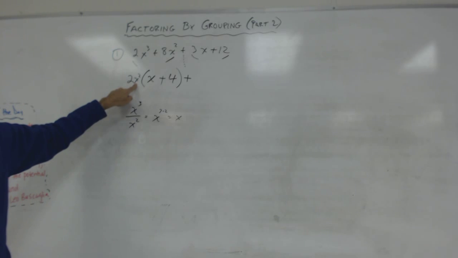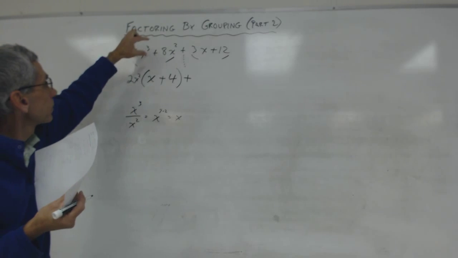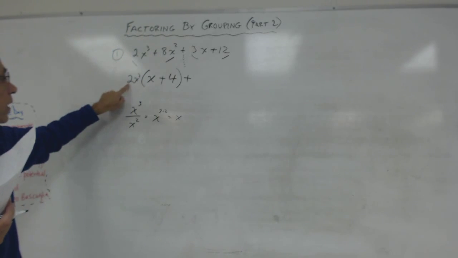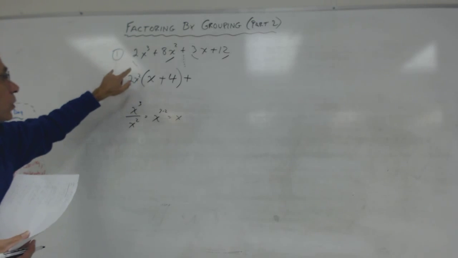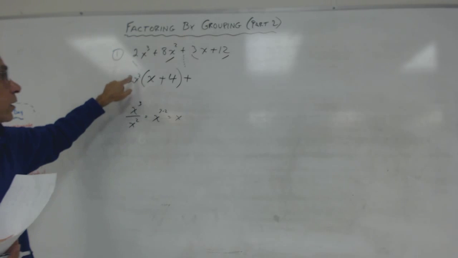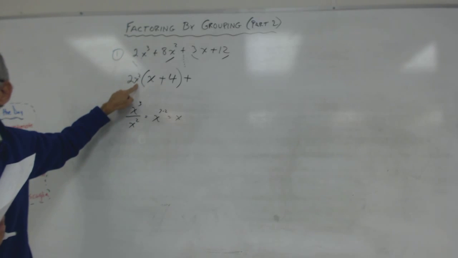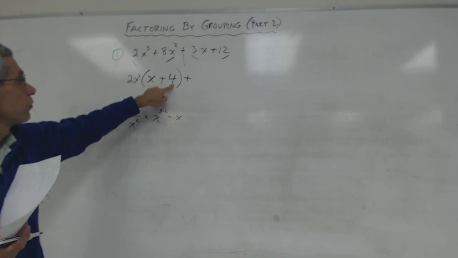It seems like it's going back and forth a lot. Yeah, you're doing this divided by this, and then this divided by this, right? Okay. You have to do that. But I like to do just the number first, and then the variable. I don't try to do 2x cubed divided by 2x squared. I go 2 divided by 2, x cubed divided by x squared. Way easier, way easier. And then plus, 8 divided by 2 is 4.